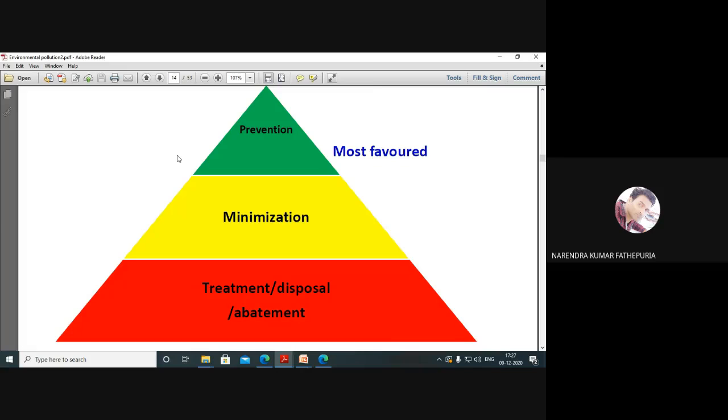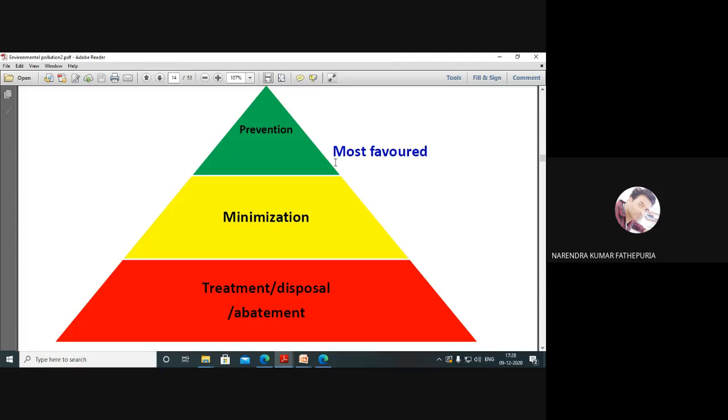The release of carbon monoxide, SO2, and NO will not be there, and with biofuels and biogas, the pollution will not come out from the source at all. So prevention is a very effective technique. It is the most preferred.